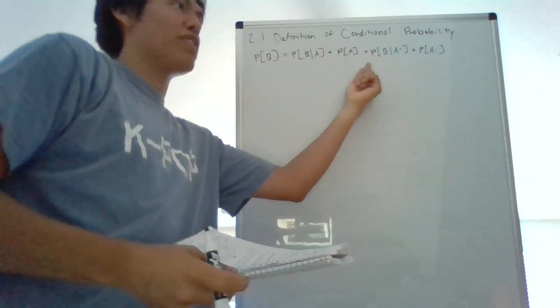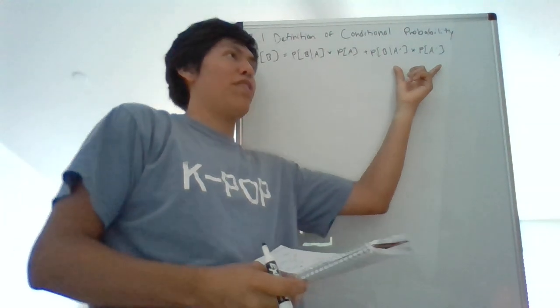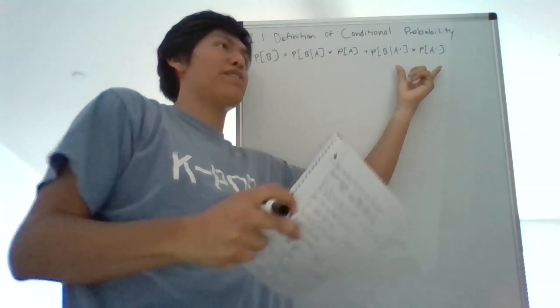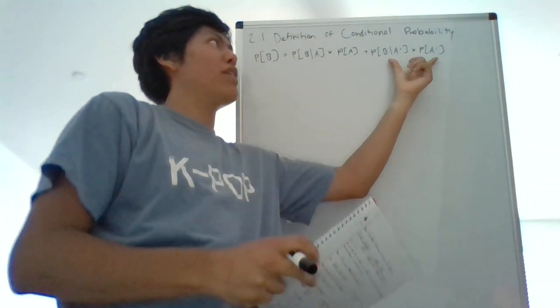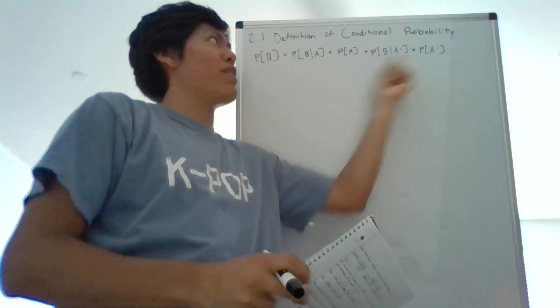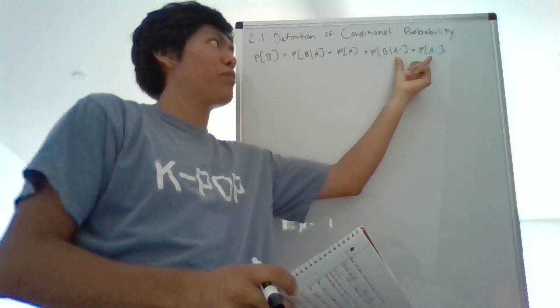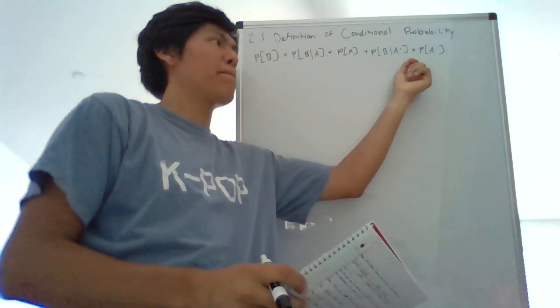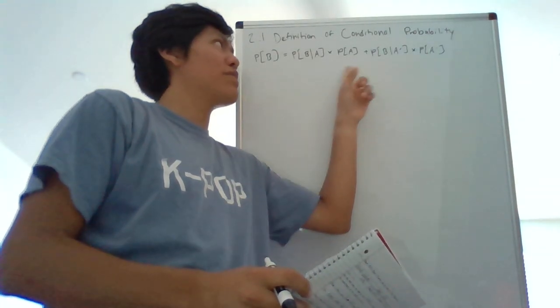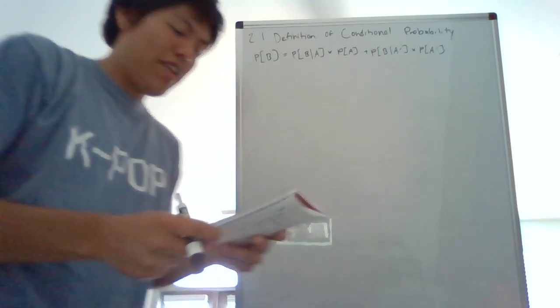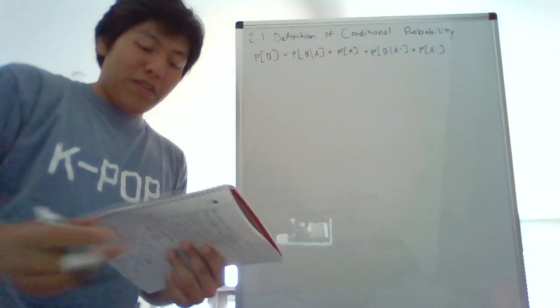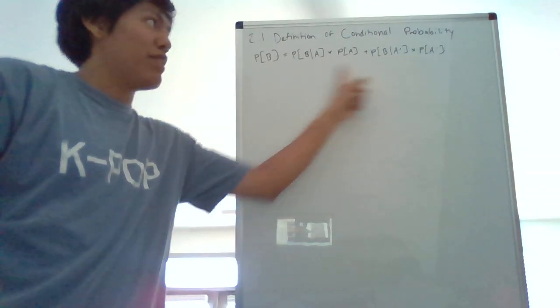But we also have to consider the fact where that first event doesn't happen and the second event still happens. And that's why we add the probabilities of A complement. So like I said, we're gonna use this right now. Okay, this is a longer example, but it'll illustrate this a lot better.